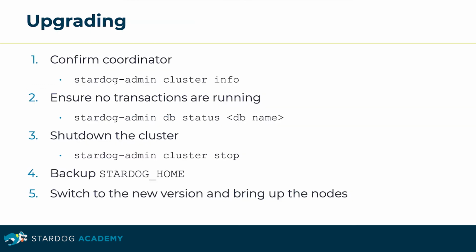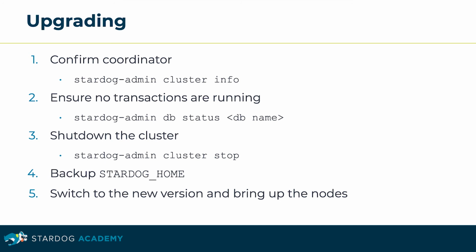We're going to follow something similar when we actually upgrade our cluster. We're going to shut down the cluster, and then we're going to perform the upgrade, and then we're going to bring our cluster back up node by node.